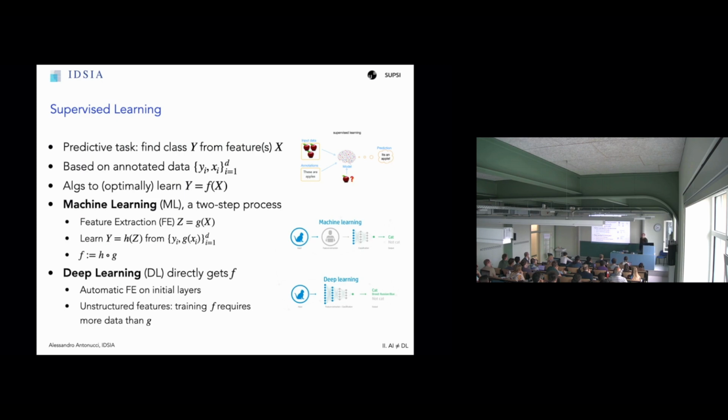But let me just define some common language. So typically, at least initially, we are interested in predictive tasks. So we have data, and our data are annotated.